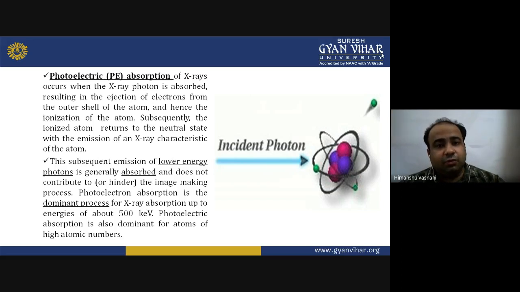When the X-ray photon is absorbed, it results in the ejection of electrons from the outer shell of the atom and hence the ionization of the atom takes place.